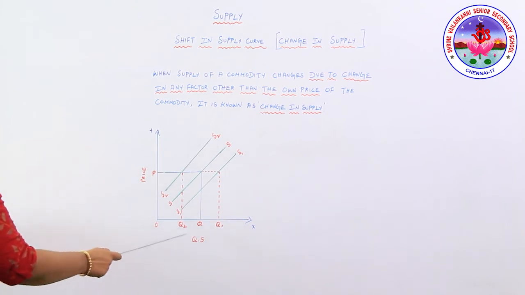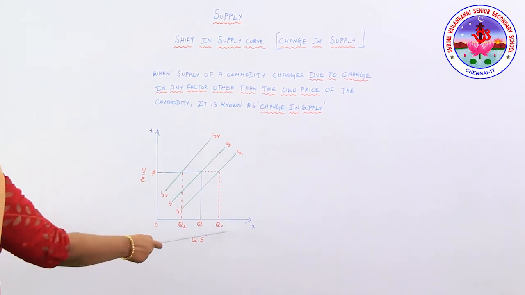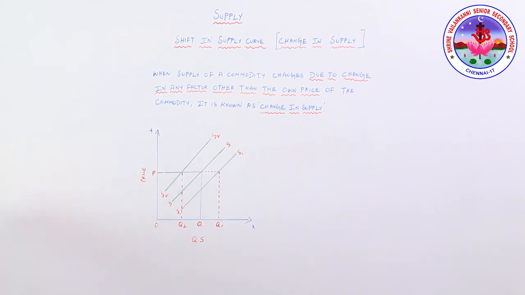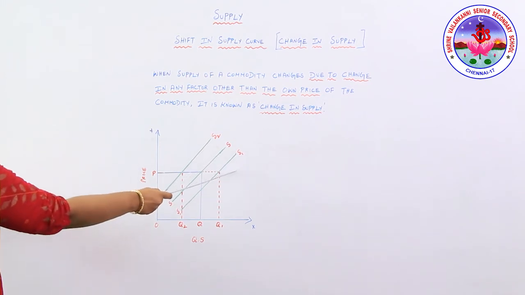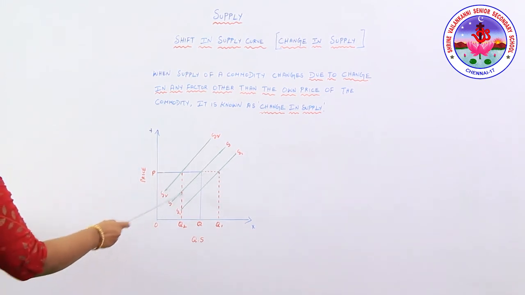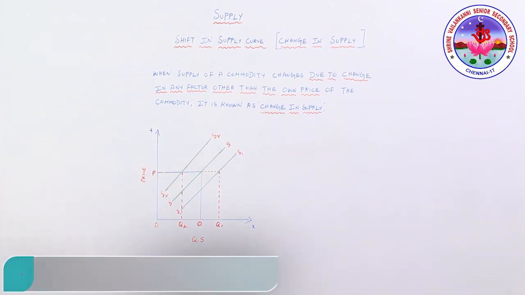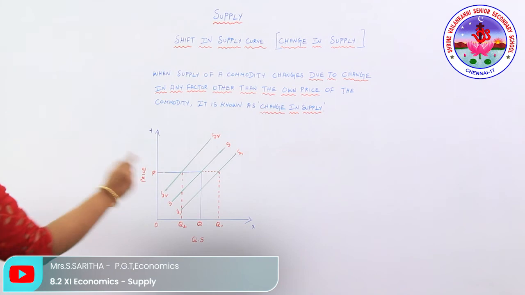OP is the same; only the quantity supplied changes from OQ to OQ1. It is known as increase in supply. It leads to a rightward shift in the supply curve from S to S1. Yes, it's called a rightward shift.